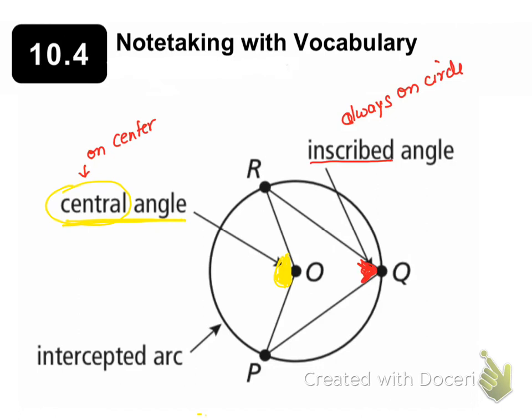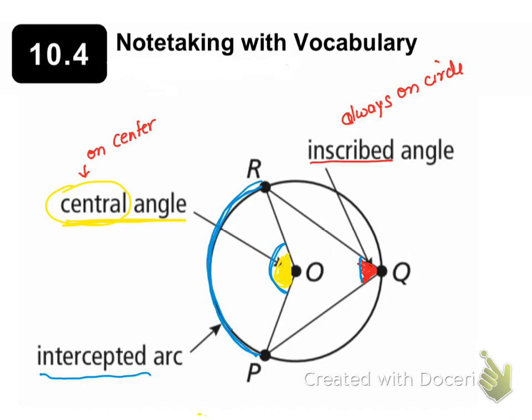When it's on the circle, it's an inscribed angle, and the intercepted arc is the arc which is creating these two angles. So for the central angle, this is the intercepted arc, because this arc is creating this angle, and the same way this arc is again creating this angle here.